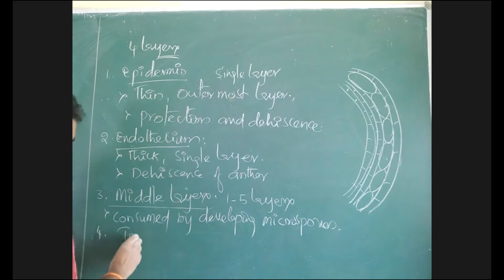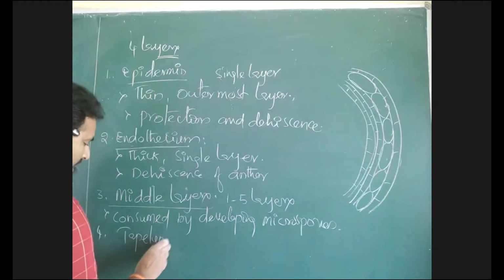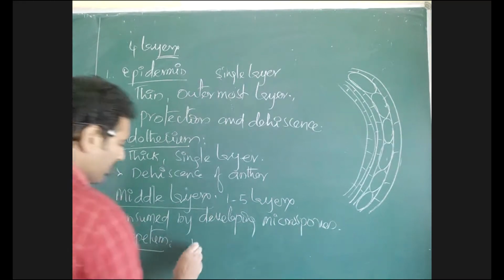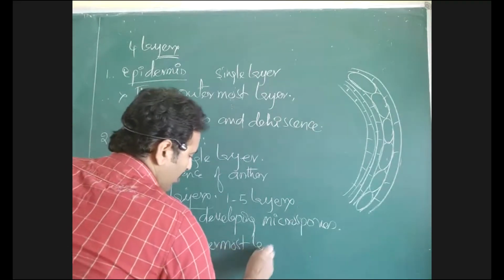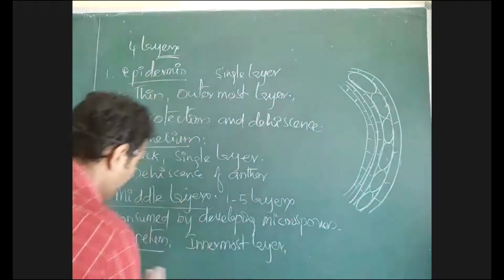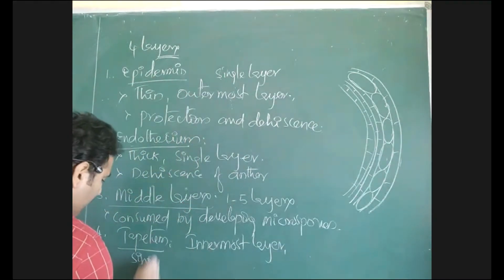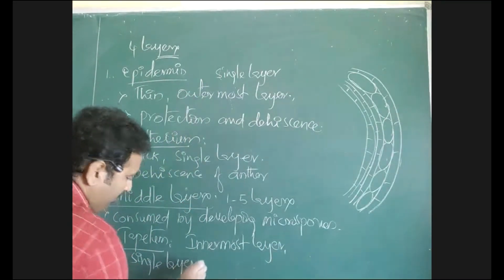Then the innermost layer present in the anther wall is tapetum. Tapetum is the innermost layer, and this is also a single layer only.